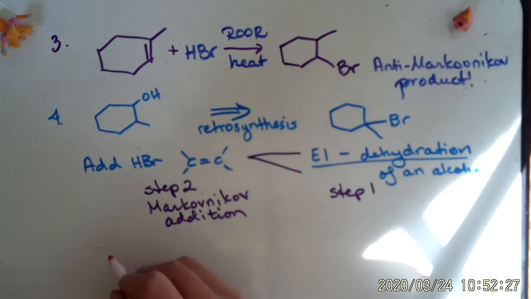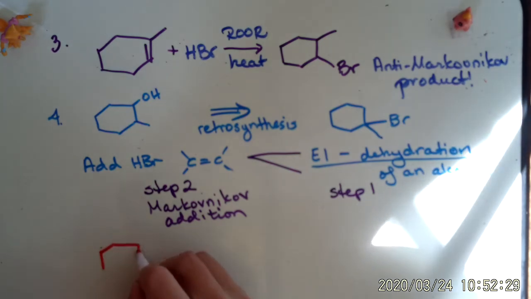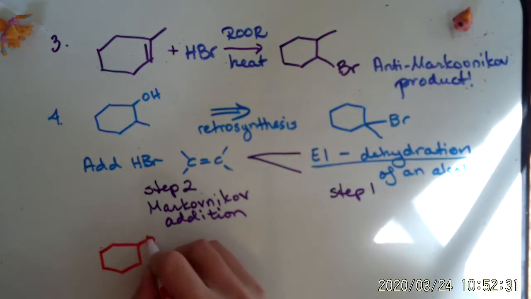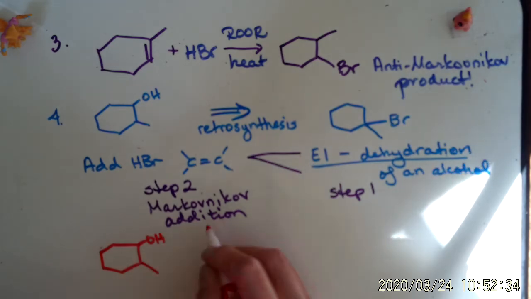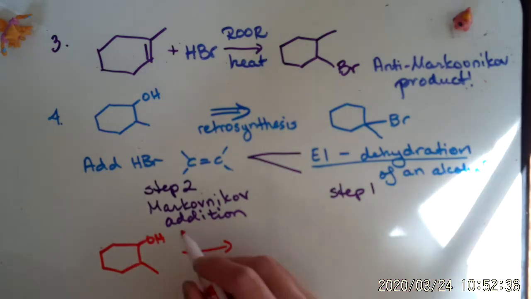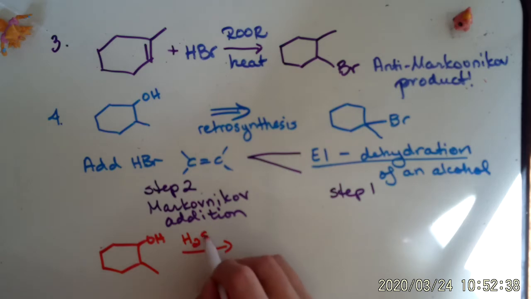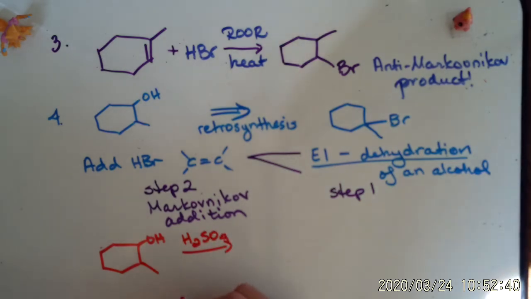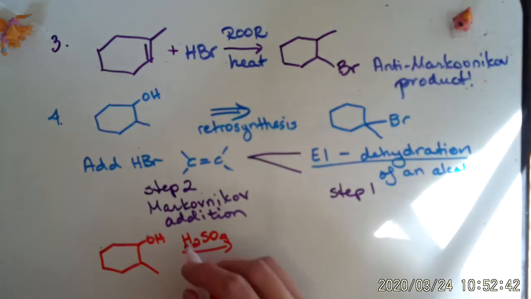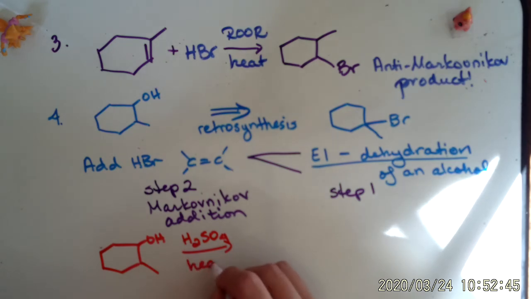All right? So if I take my alcohol and I do a dehydration. So we're going to add something like, oh, you know how to do this. We've added sulfuric acid and then we heat it. Okay?